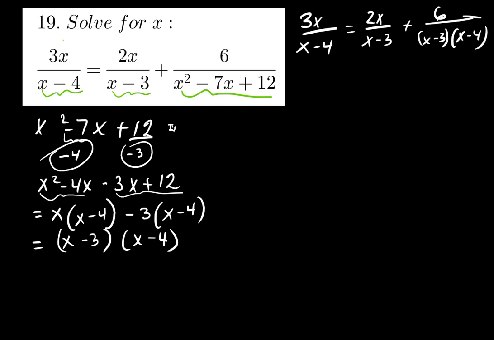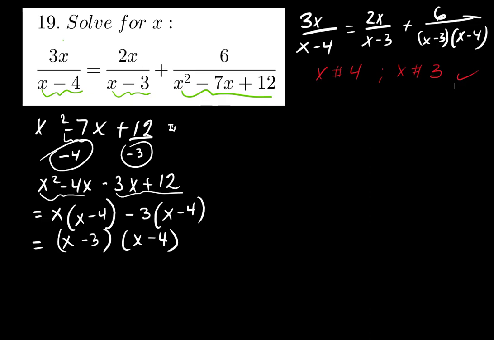Before we go any further, when you see this, there's a condition here. x must not be equal to 4 and x must not be equal to 3. This is the condition to solve this. So if you find any solution involving these two numbers, that will not be a valid solution, because it will make a denominator 0, and if you divide something by 0, it's not good.